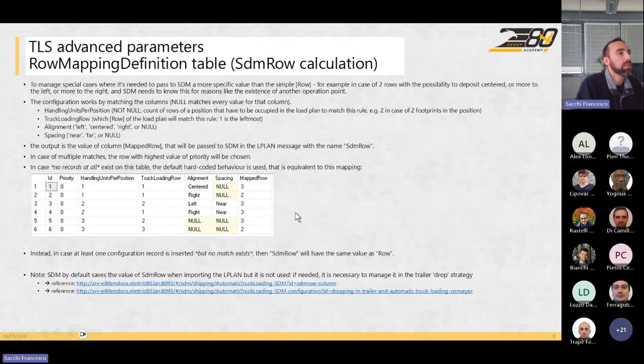Similar to this, but it's more about SDM capabilities, it's a mapped row configuration. So this allows you to send to SDM an extra row that is useful in case you want to do some logic in the deposit location in the trailer based on this value.